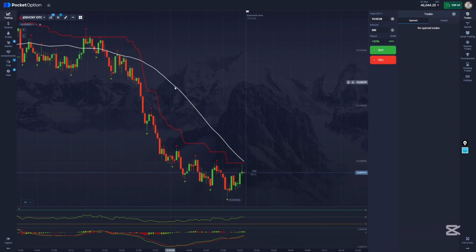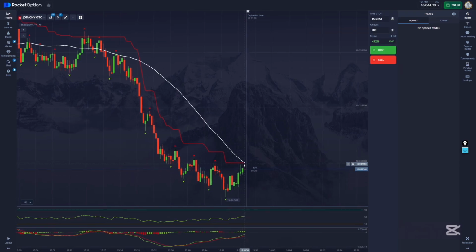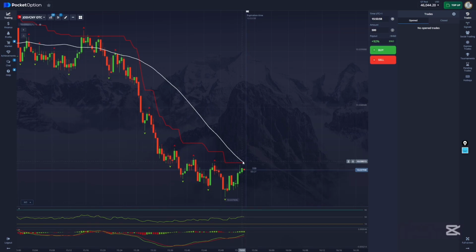So the white line is going down, the next one is the super trend, and the candles are below the super trend. So three things separate: the white line, the super trend and the candles here. And now we wait for these candles going down. If we see two red candles, we wait for the fractal to show on. If the fractal shows on here, we open a trade down.